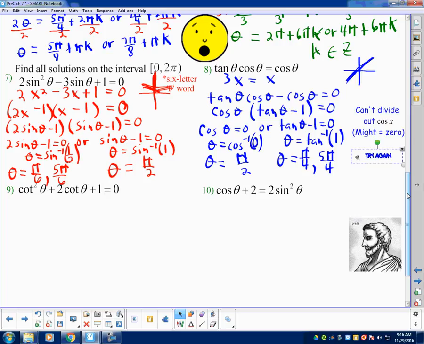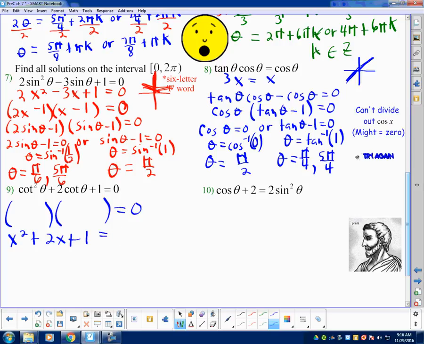So when I go to factor this, I'm thinking, okay, this is kind of like x squared plus 2x plus 1. Can we factor that? Yeah, this is easy factoring, right? So how would that factor?